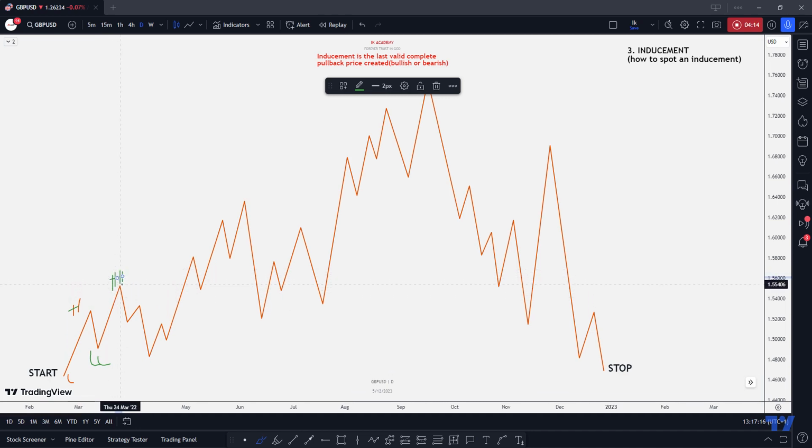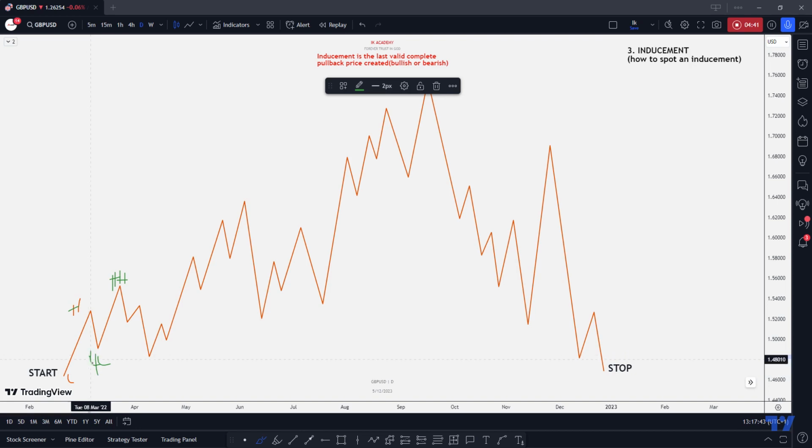So it means that from this, one, two, three, four, market has given us a complete structure, which is low, high, lower low. Sorry, higher low. This is a higher low because this low is higher than this.